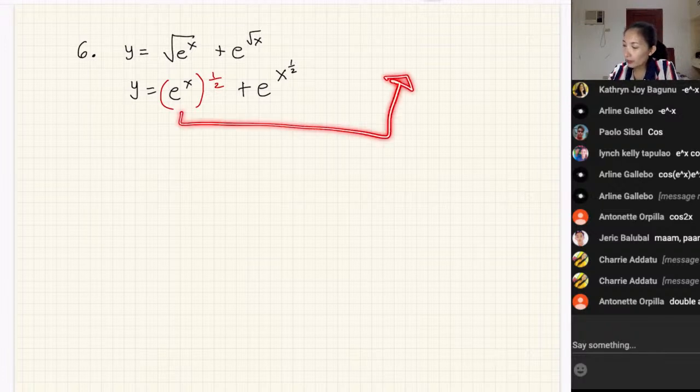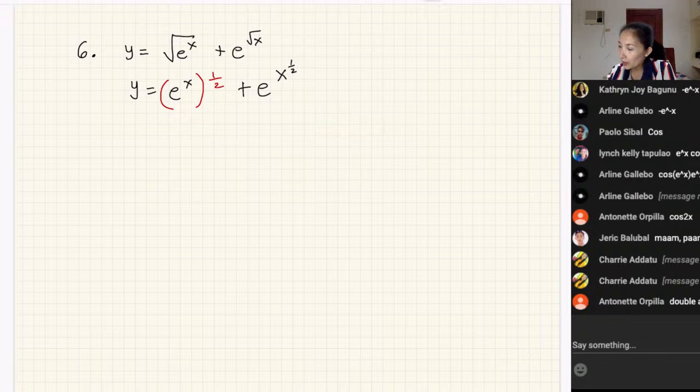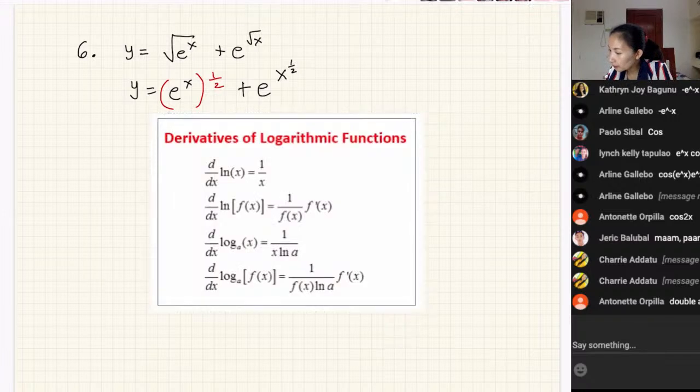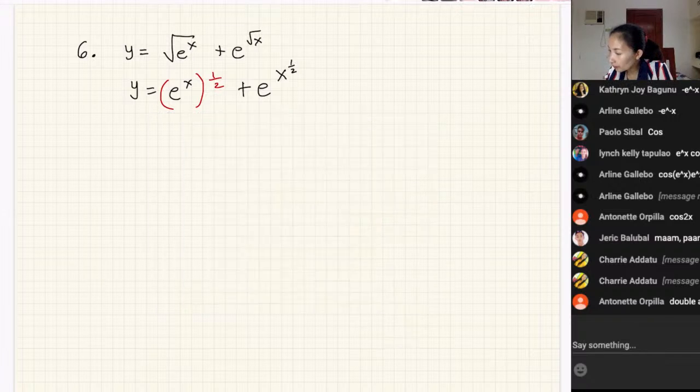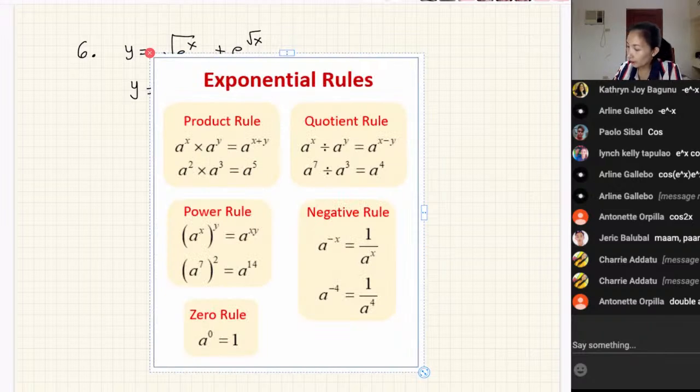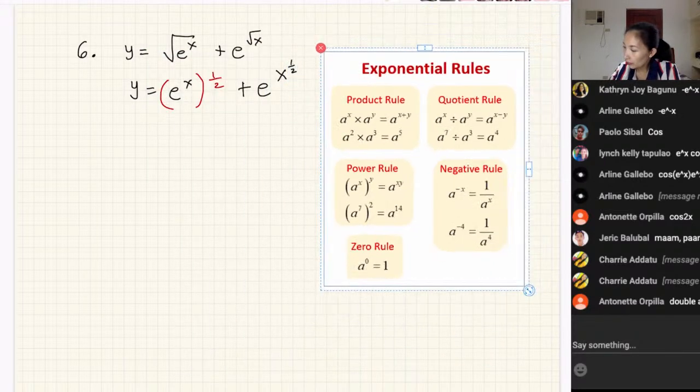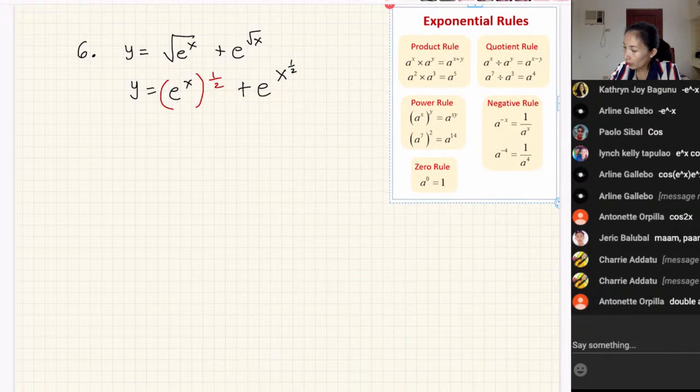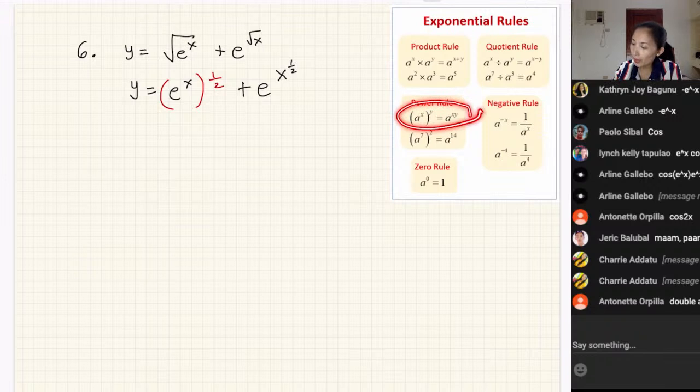Again, from your laws of exponents, I want you to look at this: a raised to x raised to y is simply a raised to xy. So we apply that here.